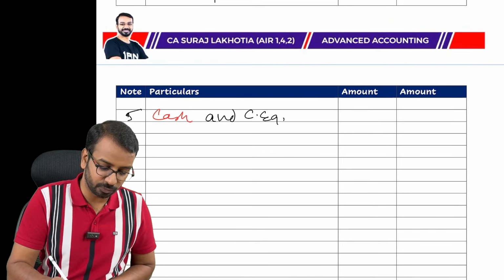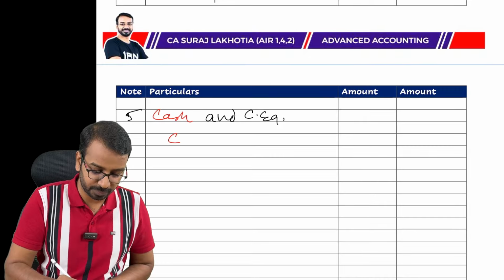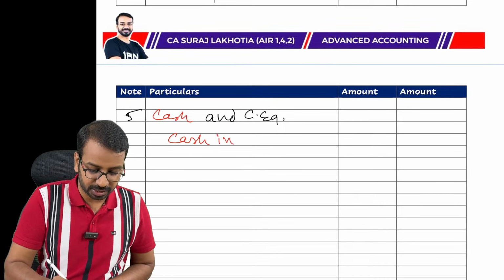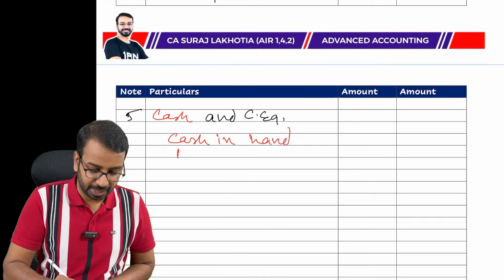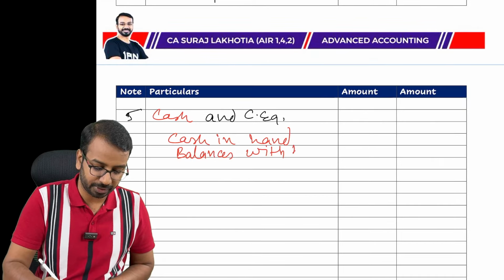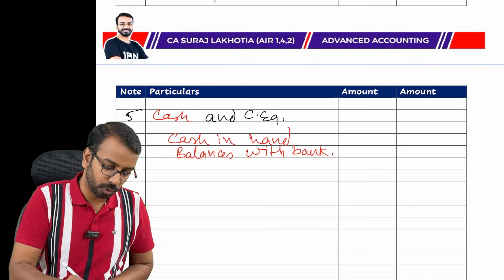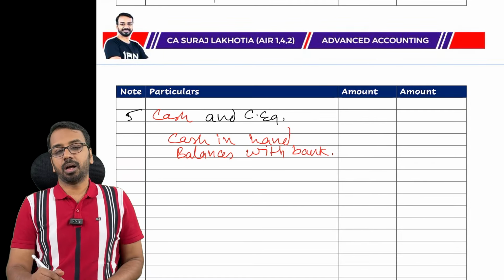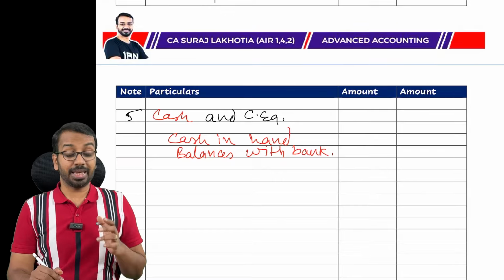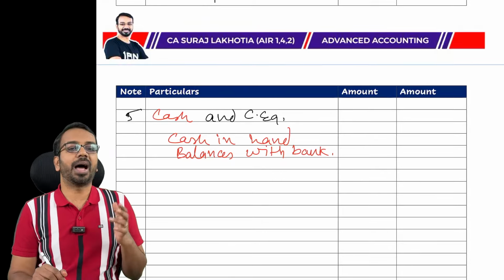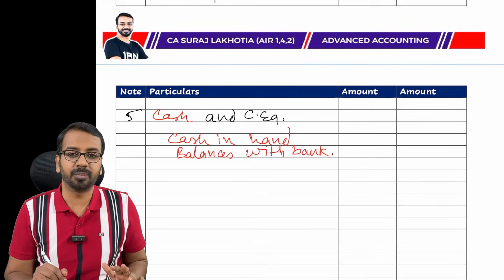Cash and cash equivalent. Here we have cash in hand and balances with bank. One disclaimer here: ICAI has some questions where they have mentioned balances with scheduled banks separately.